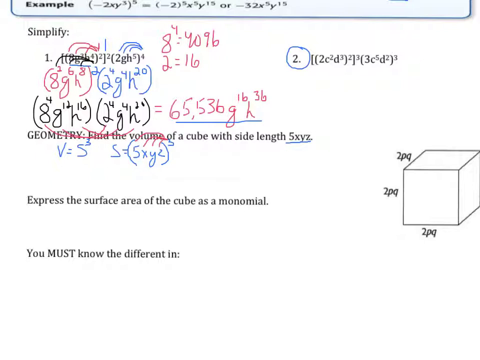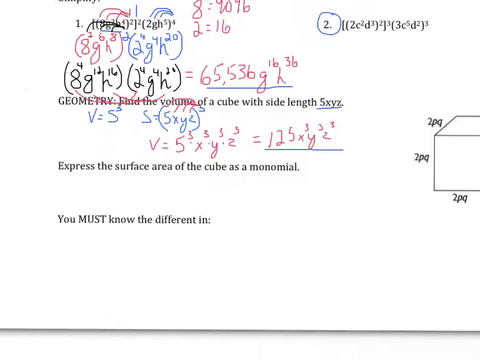Okay, so our volume is going to be 5 raised to the third times x raised to the third times y raised to the third times z raised to the third. Then 5 to the third is, we can use our calculator for that if we need to, 125, x to the third, y to the third, and z to the third. And that there is going to be our final answer.